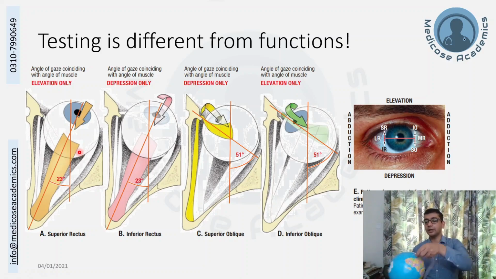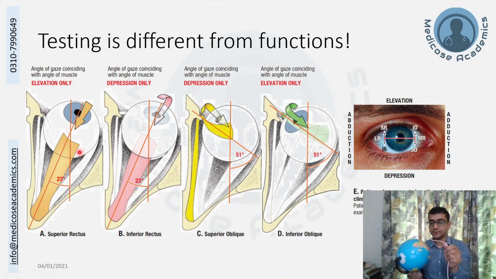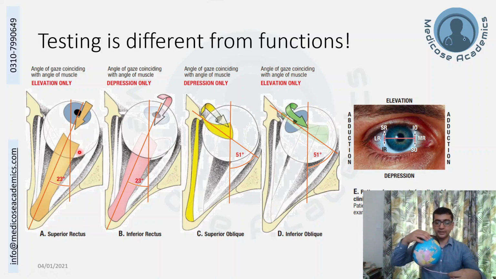Which muscle is playing the role here now? The muscle that plays the role here is the inferior oblique. Sorry, it was coming from the anteromedial aspect, and it will be responsible for moving the eyeball upward and medially.